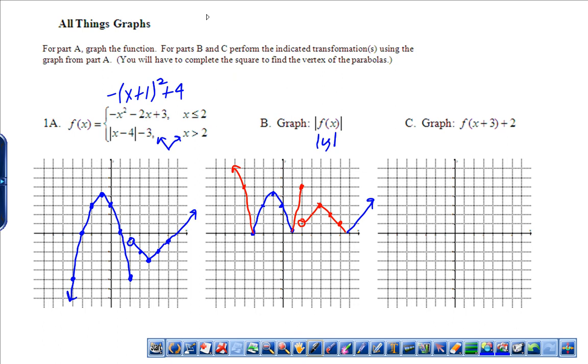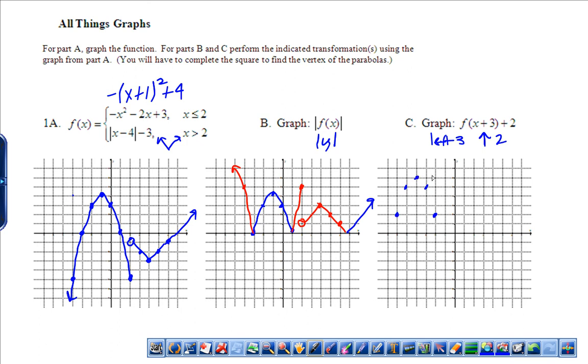Okay, this last graph, remember it's all dependent on A. So it says that we're going to shift it to the left 3 and then up 2. So left 3 and up 2. So I need to see where it was. And so 1, 2, 3, and then do my same parabola is here, here, and then 2, 4, and do some symmetry.